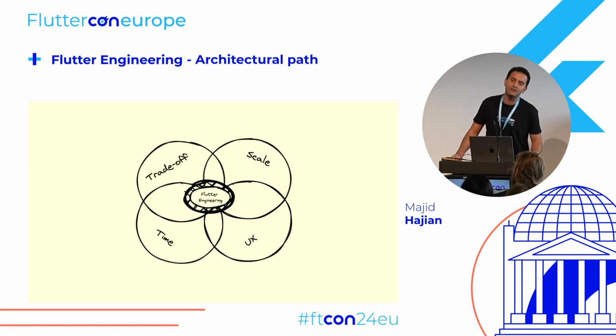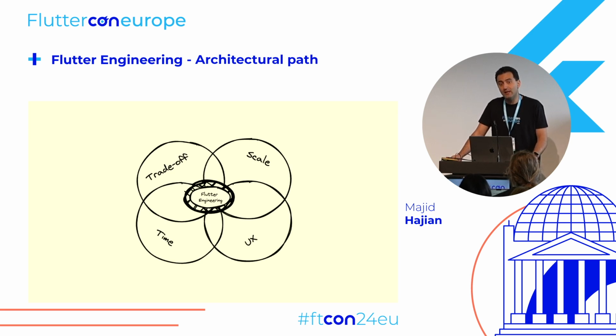When I was writing the book, Flutter Engineering, and doing Flutter for the last 5-6 years, I feel like there are 4 pillars when it comes to building an app with Flutter. And typically this is also general for building software, right? In my opinion, 2 of them usually stand out more, and that's the user experience, for both the developers and our users, for whom we are building the app.